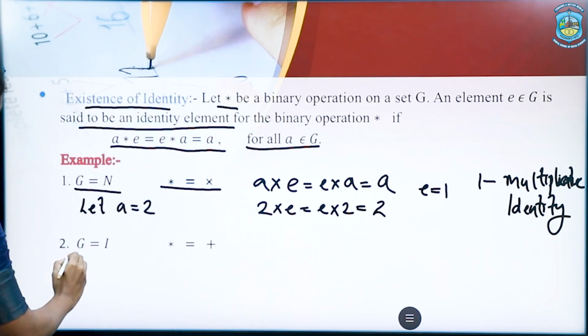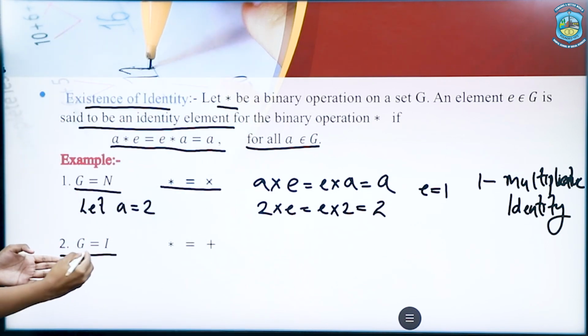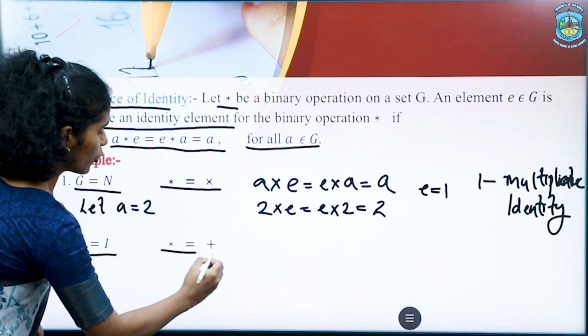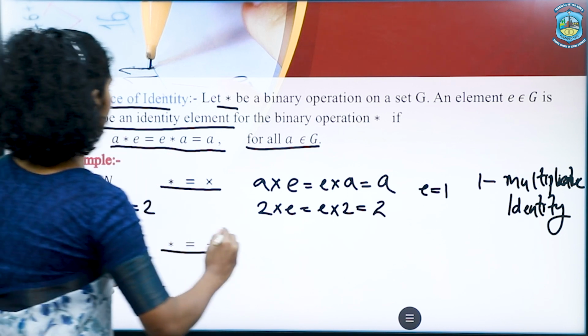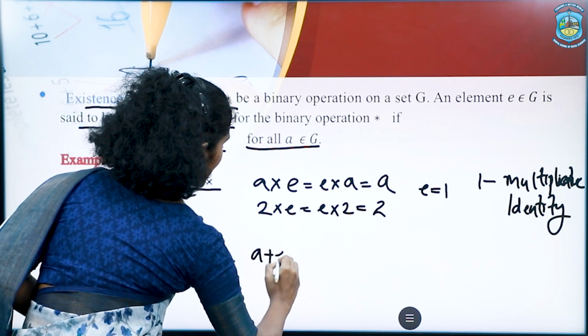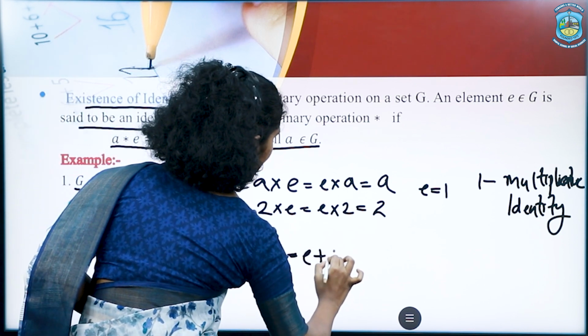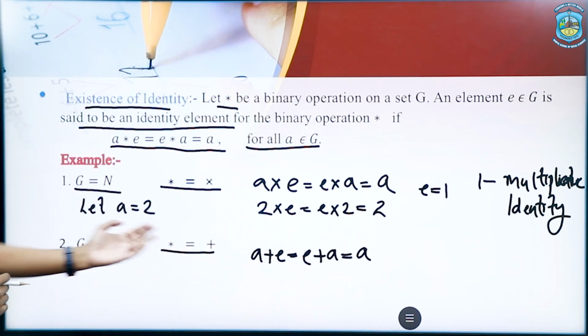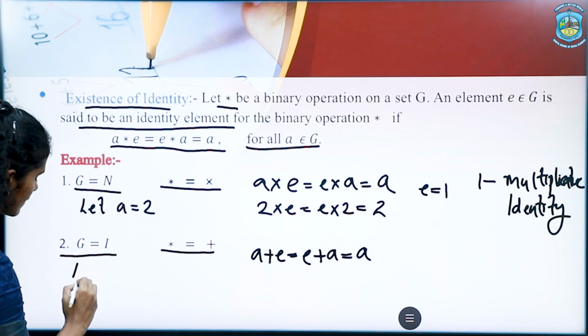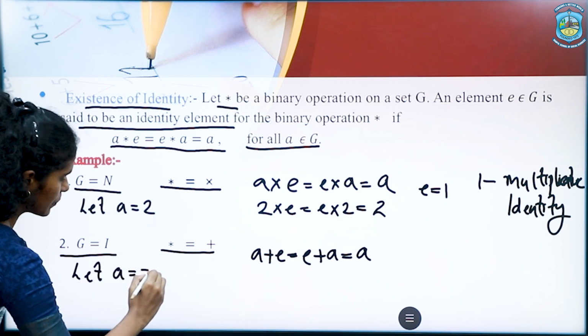Now we consider the set of integers and the operation given to us is addition. So the condition will change into A plus E equal to E plus A equal to A. Let me give value of A equal to minus 2.